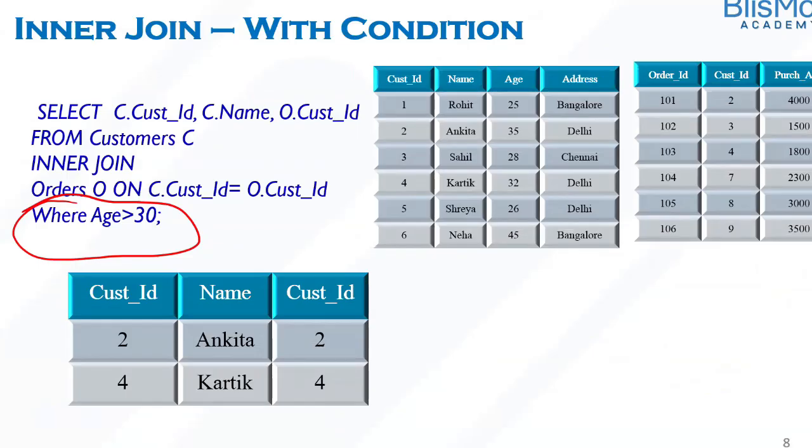Anyone? Any questions? Sir, in multiple tables, if you have a common field twice, what will be the problem? In that case, see, mostly you will have tables with unique columns.